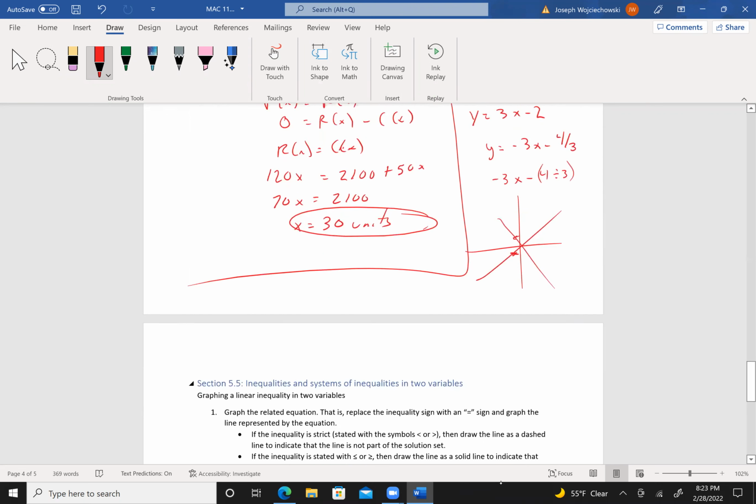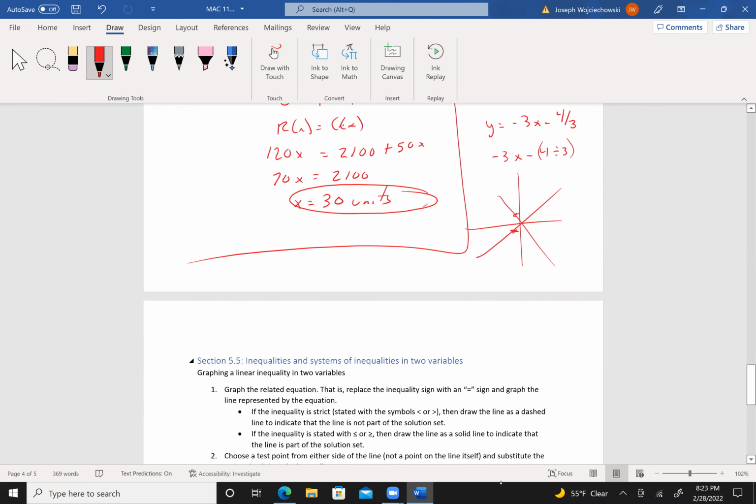Yeah, those are the wrong equations. But I end up with 0.38 and negative 0.06 to 2 decimal places. That wasn't the ones I wanted to use, but they'll work.